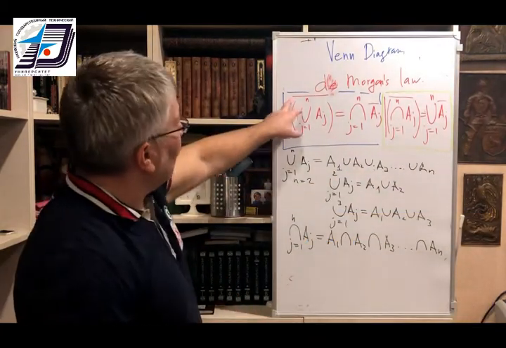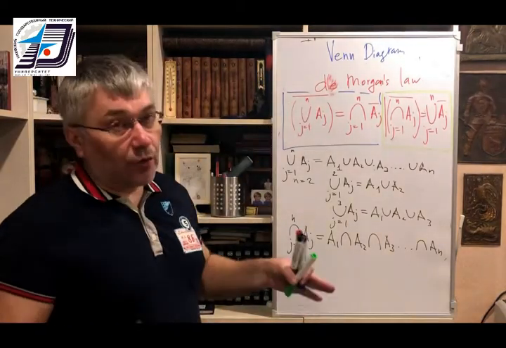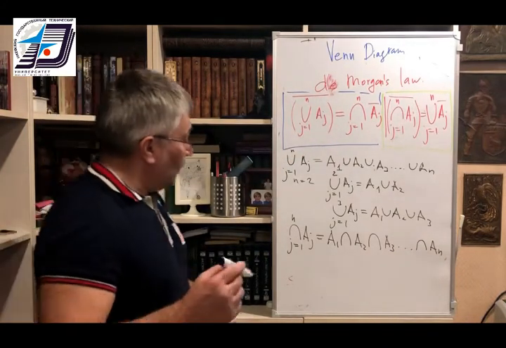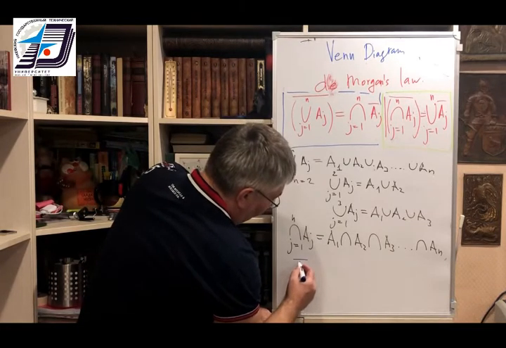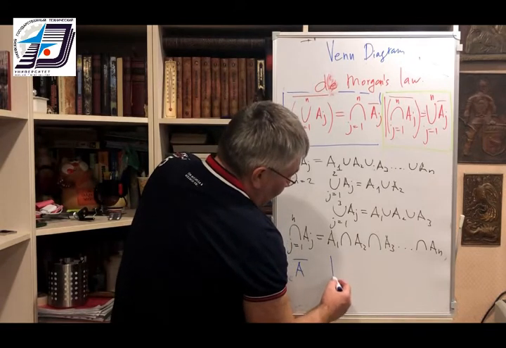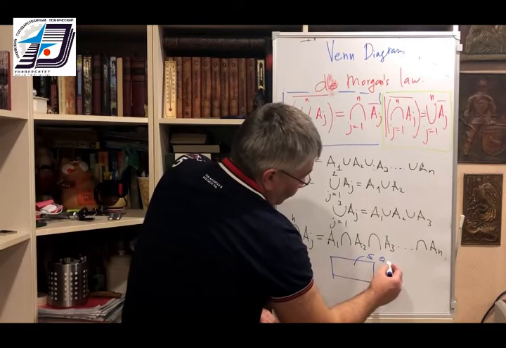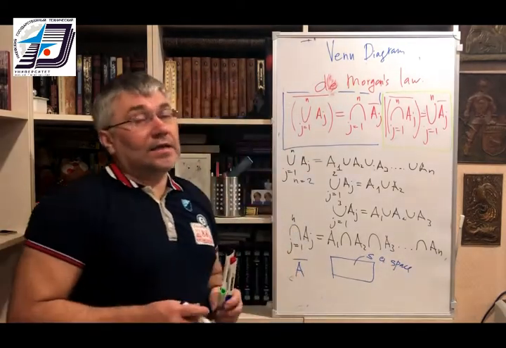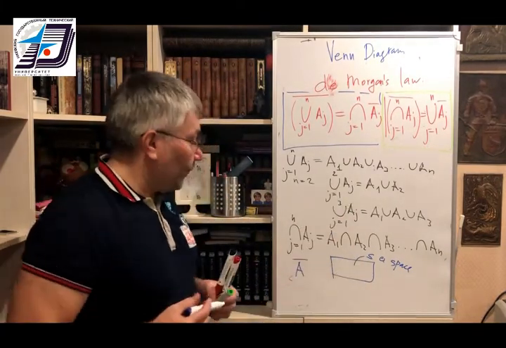What about this line? For sets, it is used as the negation of this set: negation of A. For example, if we have a space set S, it is a set of all sets, so it's a set which includes all sets.